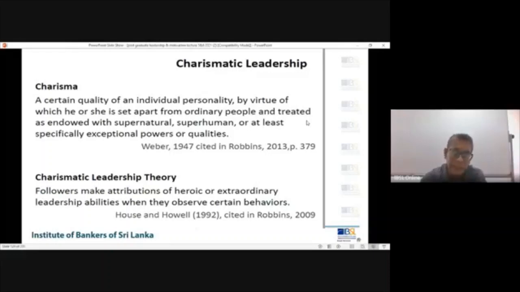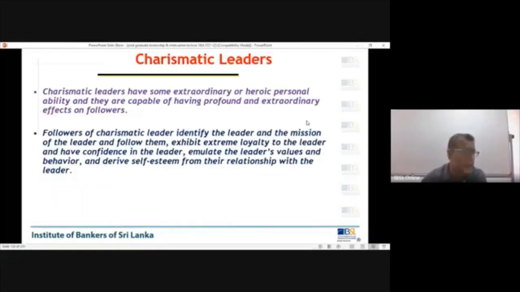Charismatic leadership theory talks about followers making attributions of heroic or extraordinary leadership abilities to that person. If you really look at charismatic leaders, they have some extraordinary or heroic personal ability, and they are capable of having profound and extraordinary effects on followers.